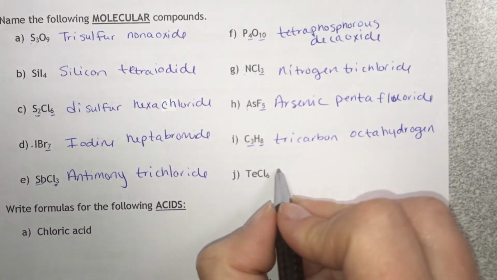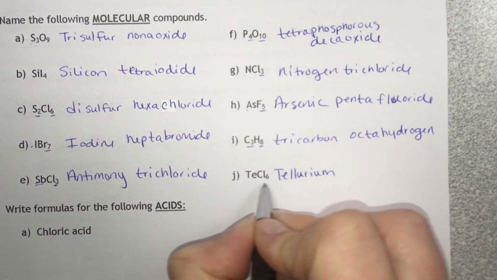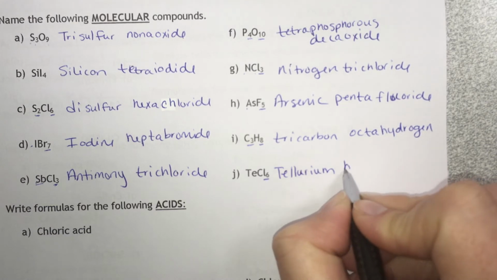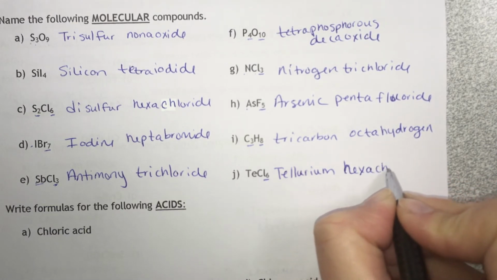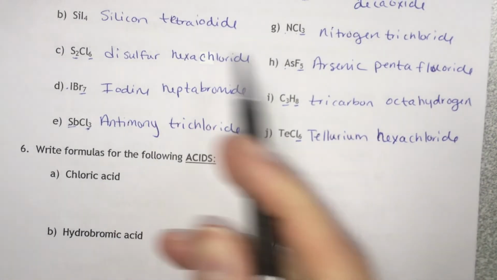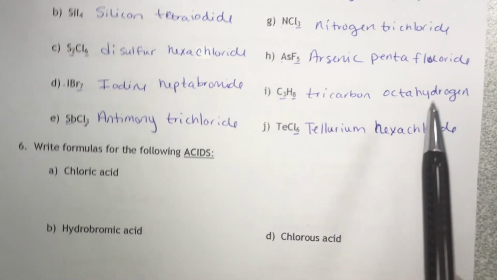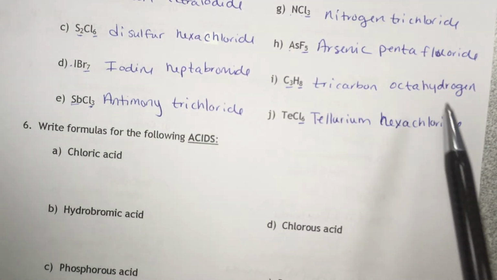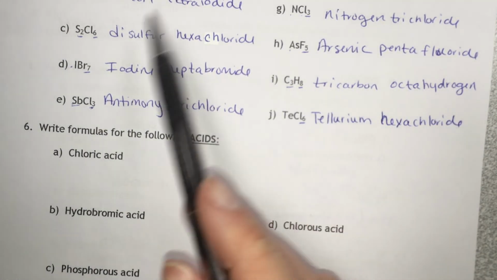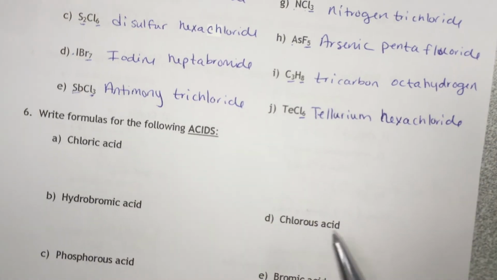Then tellurium hexachloride. Okay. So these are easy. Once you know the prefixes, then it's pretty easy.